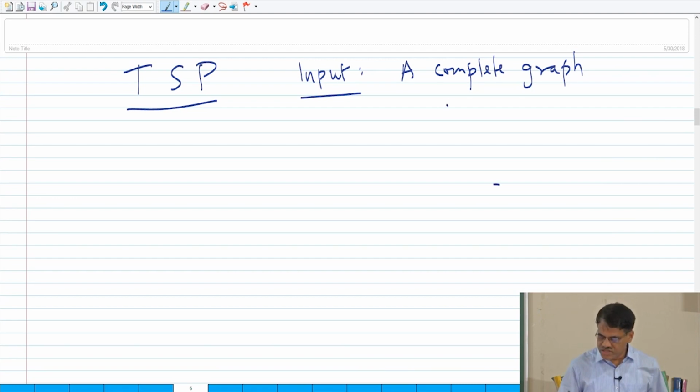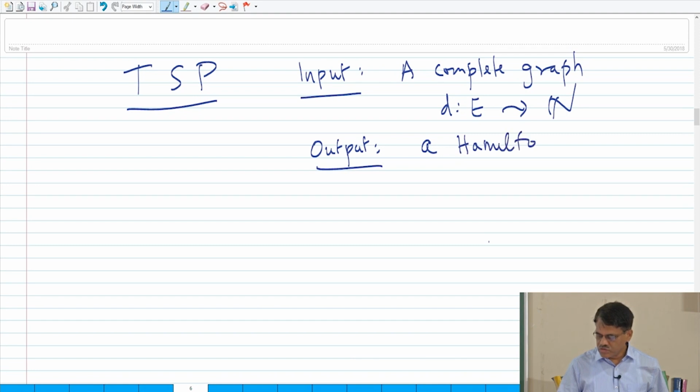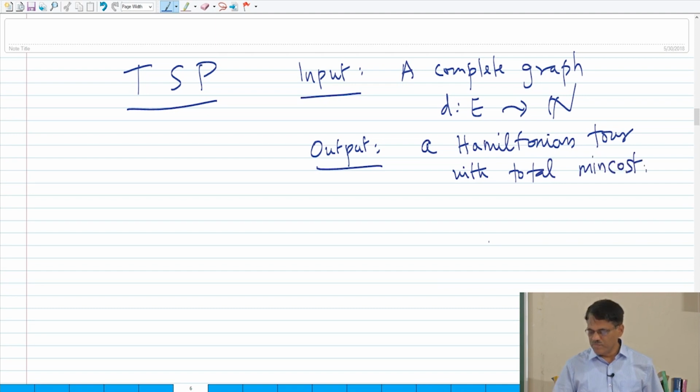You had distances on the edges, natural numbers, and the output is a Hamiltonian tour, a tour that visits every vertex exactly once with minimum cost, minimum distance, whatever.